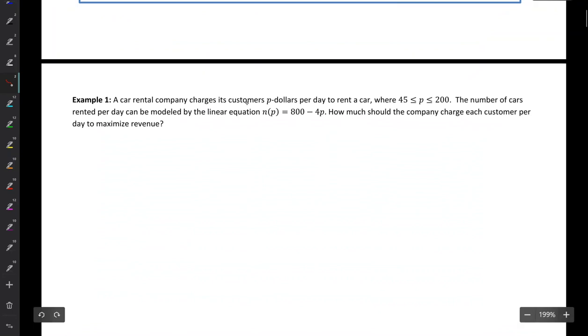A car company charges its customers P dollars per day to rent a car, where 45 is less than or equal to P, which is less than or equal to 200. Now this domain that's being given to us might seem like it's coming out of nowhere, but you can imagine that there's a fixed price that I have to charge for each rental so that I break even.